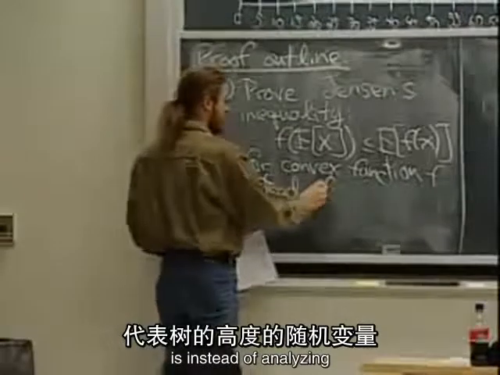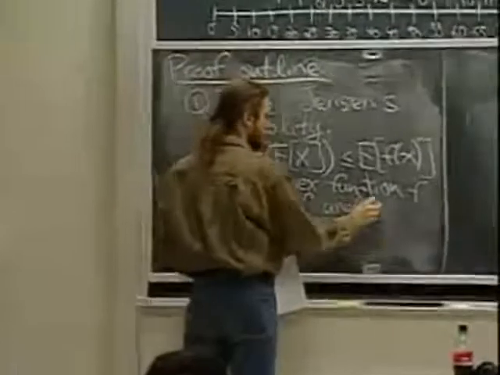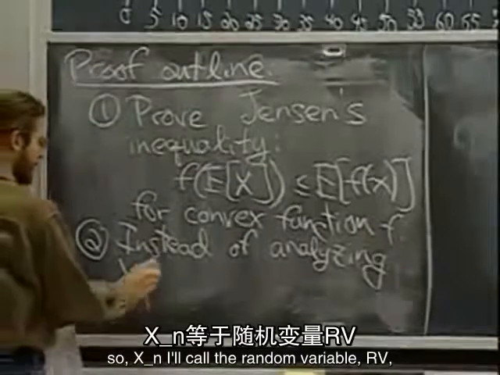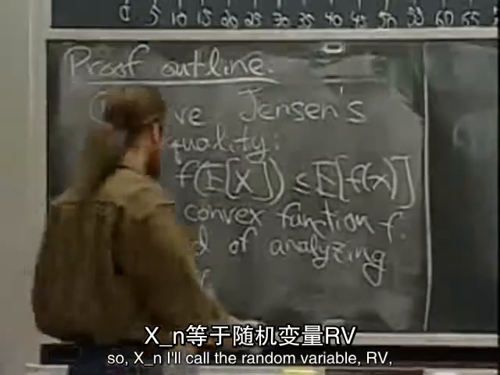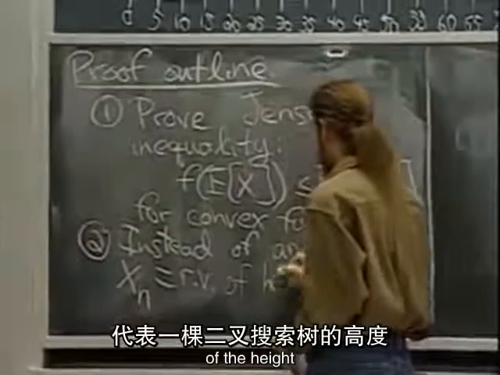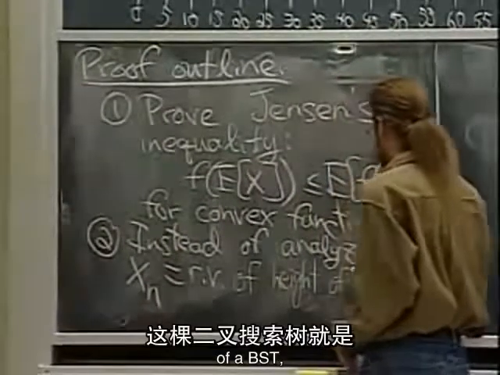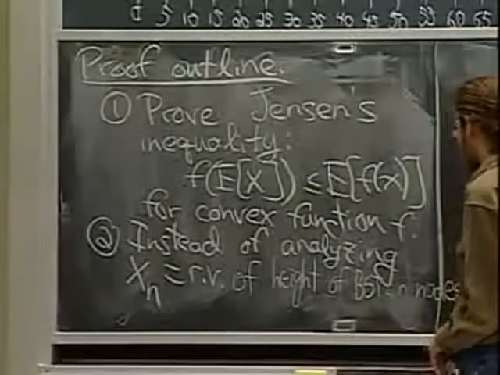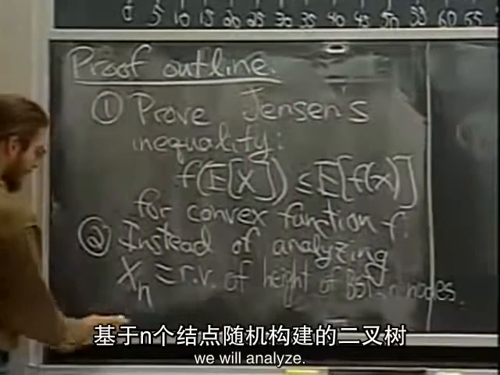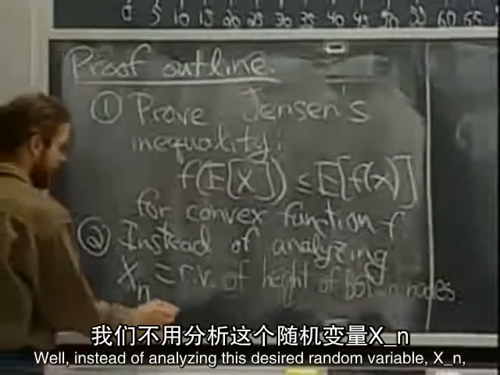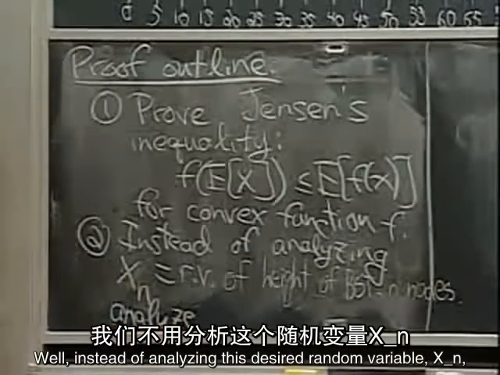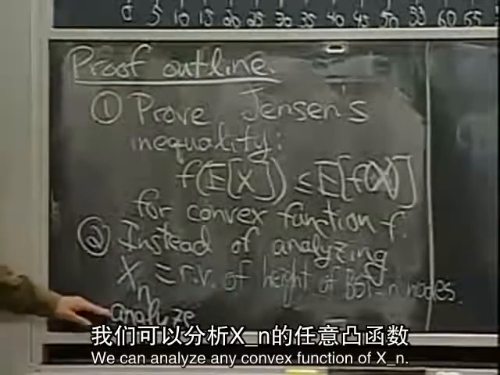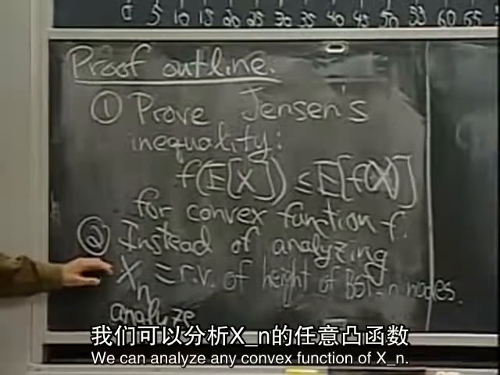What that allows us to do is, instead of analyzing the random variable that tells us the height of a tree, X_n, the random variable for the height of a randomly constructed BST on n nodes, we can analyze any convex function of X_n.